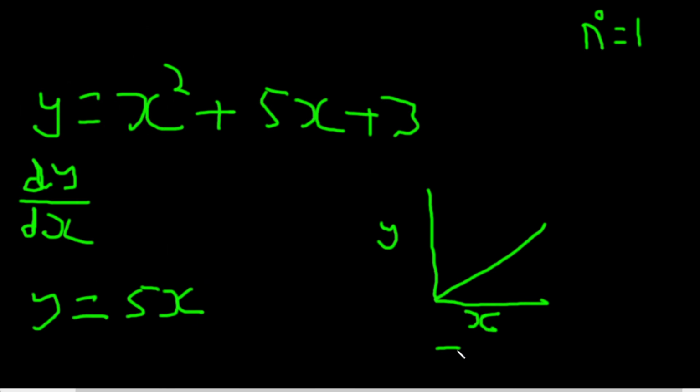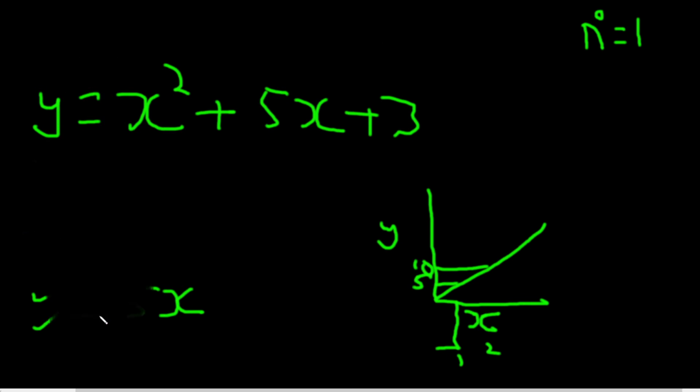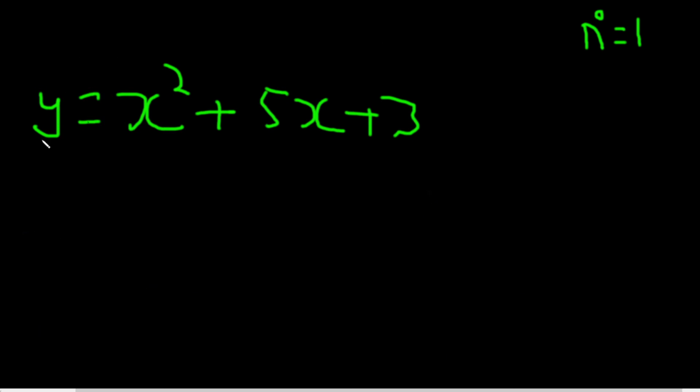So at 1, y is 5, and at 2, y is then 10, and so on. Anyway, we've got a formula here: y equals x squared plus 5x plus 3.